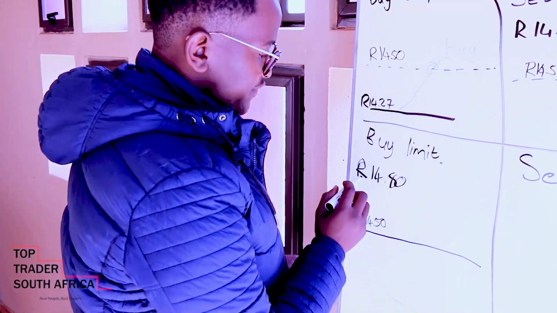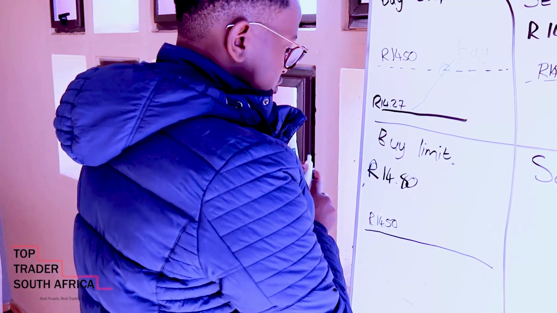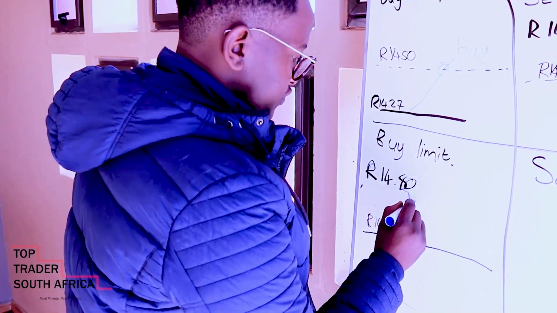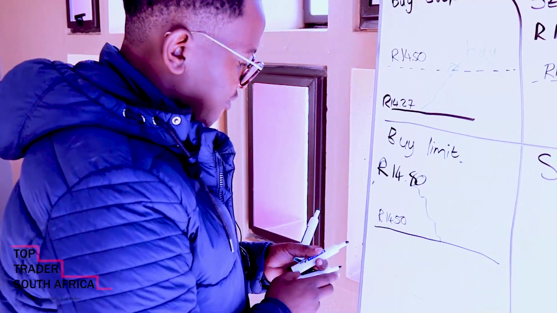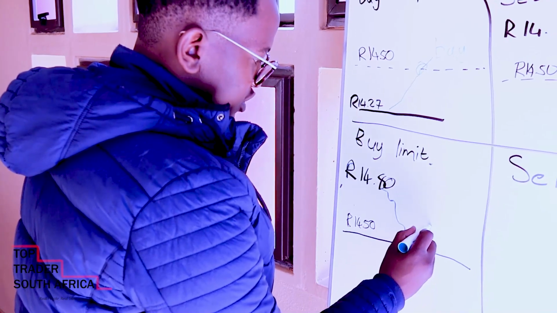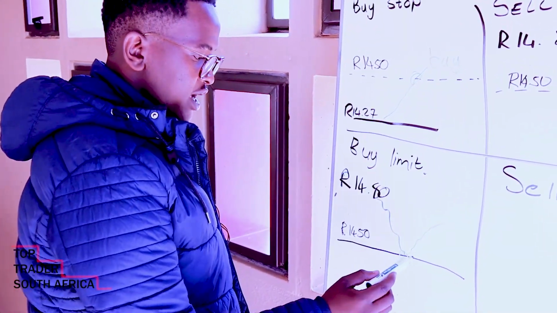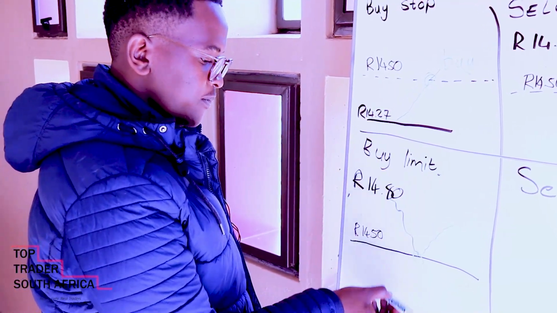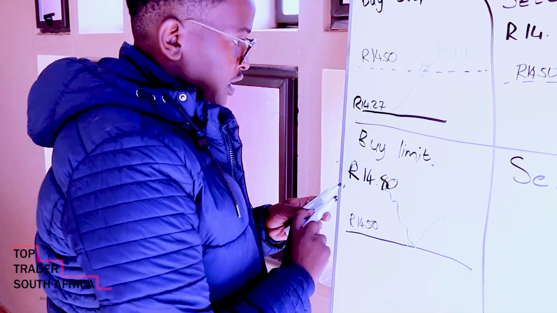So you believe that once price can reach this point, it will go back up. So it will work like that. Price will move down, move down, move down. As soon as your price is there, then this will start buying for you in hopes that when you get to that area, the market will find a floor and continue going up.